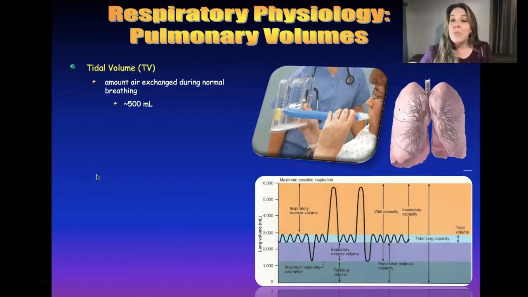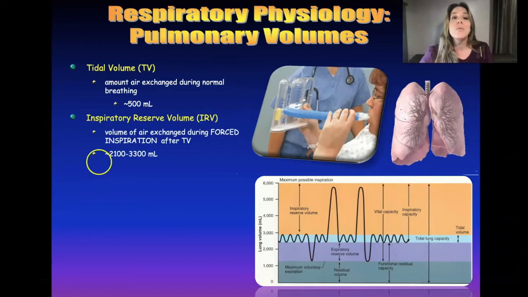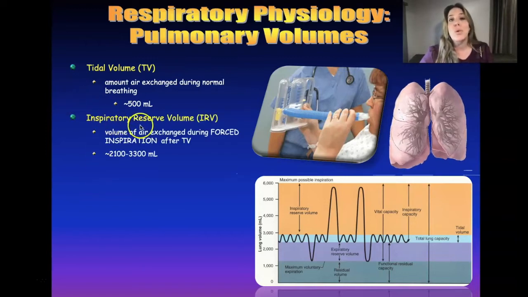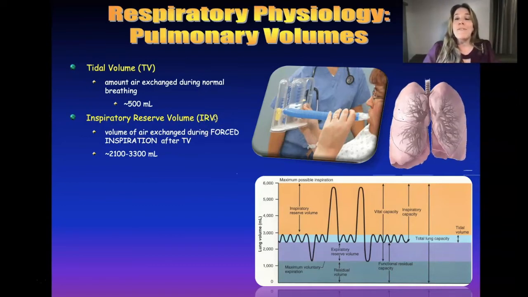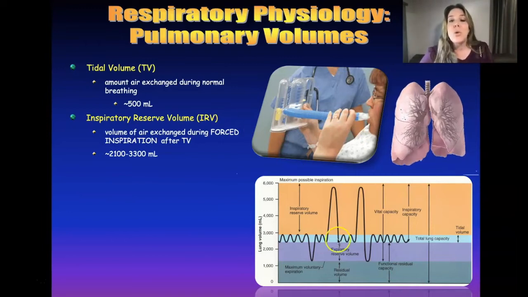But as we said, we can sometimes force air into our lungs. And so this would be known as the inspiratory reserve volume, or IRV, the total amount of air exchanged by forcing it in after our normal breathing. So we're not going to include the tidal volume or normal breathing here. We're just going to look at the amount of air coming in on top of that.